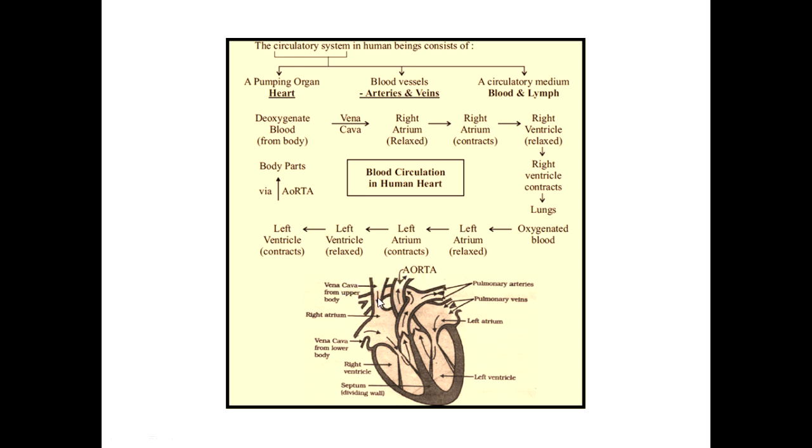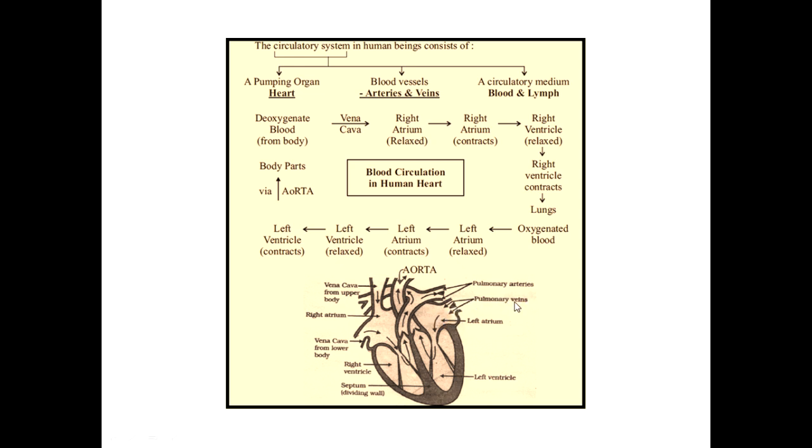In the lungs the deoxygenated blood is oxygenated, and from the lungs the oxygenated blood enters the left atrium through the pulmonary veins.